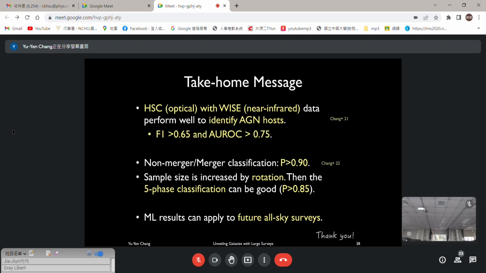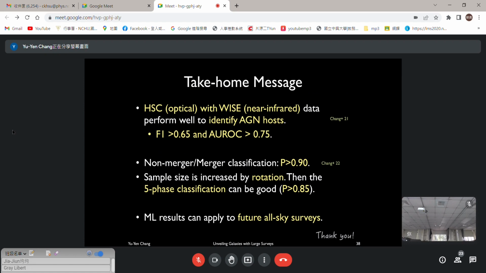So these are two projects we are doing recently. In the first project, we are able to increase the sample size of AGNs by machine learning techniques. And for the second project, we can ask the machine to classify merging galaxies for us.